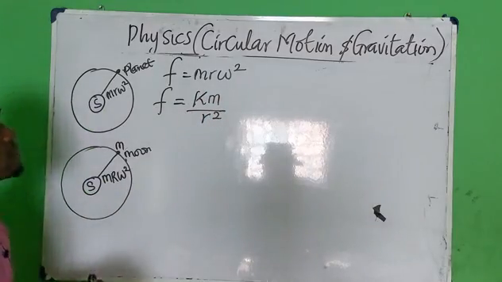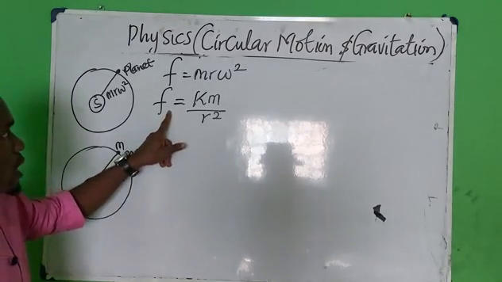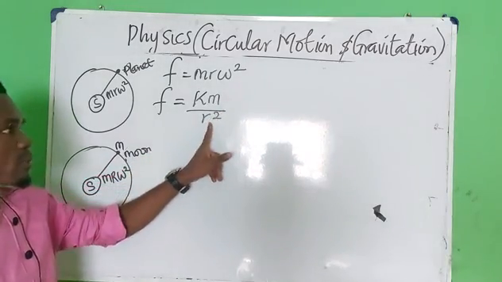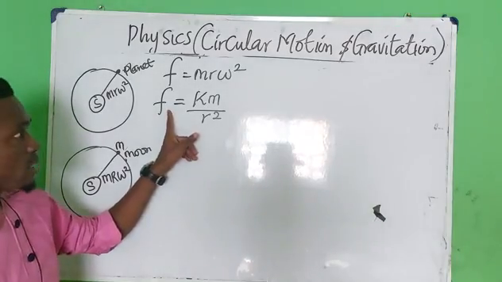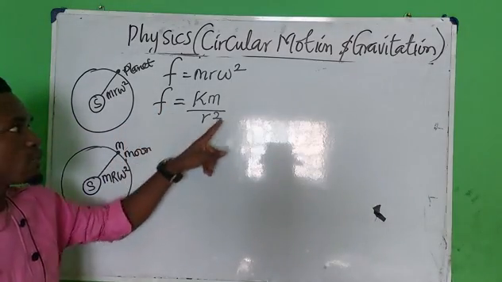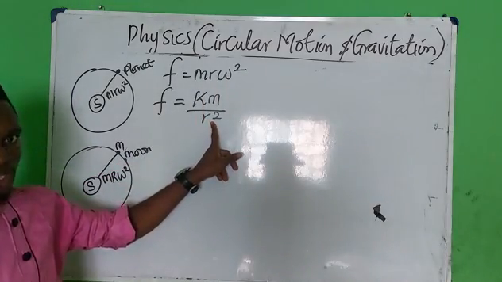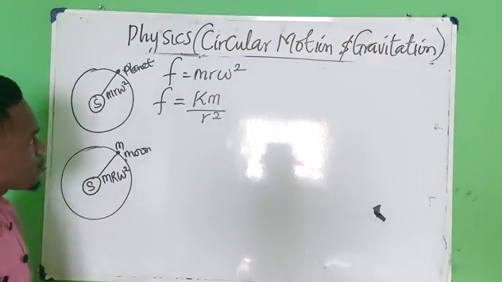Now, what does this information connote? It connotes that the force is directly proportional to the mass and inversely to the radius, which is the distance that separates them apart.